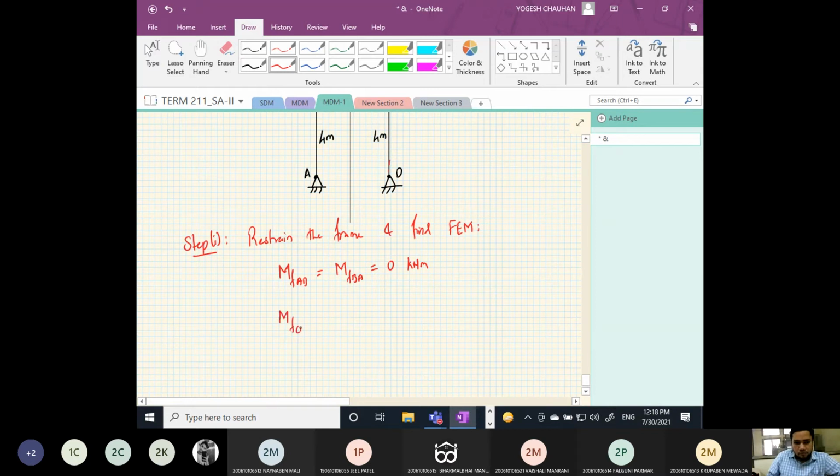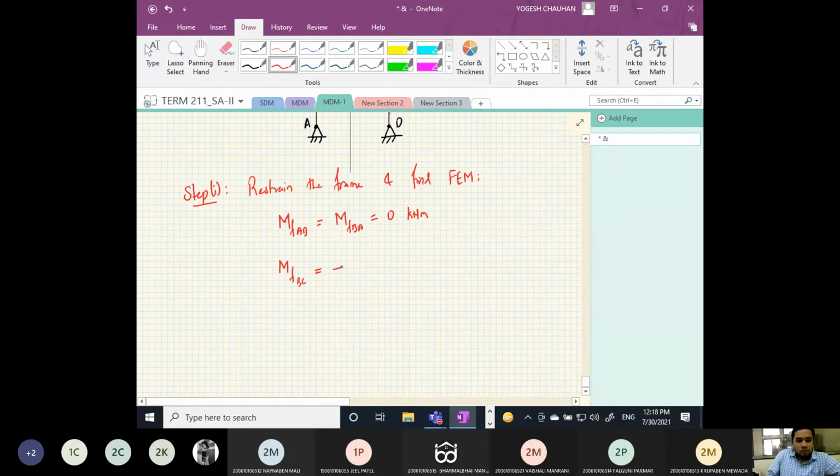MFBC will be equal to minus 120 into 1 into 2 square by 3 square. Similarly, MFCB will be equal to 120 into 1 square into 2 by 3 square.